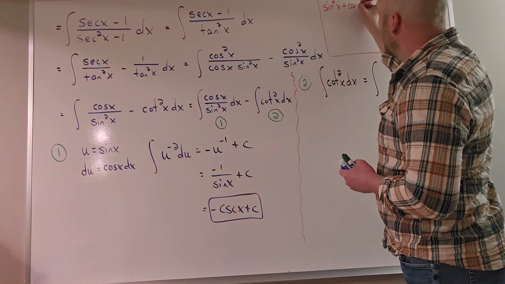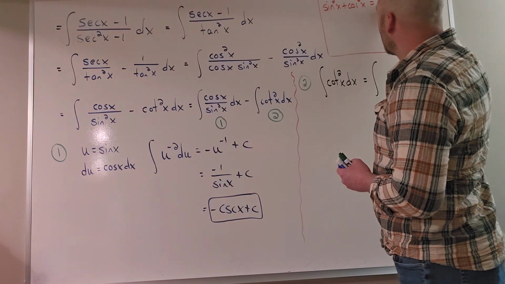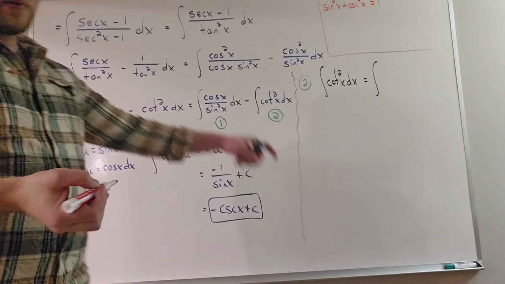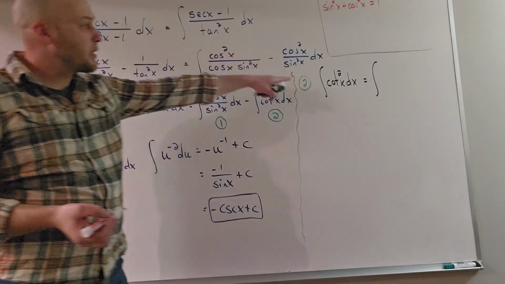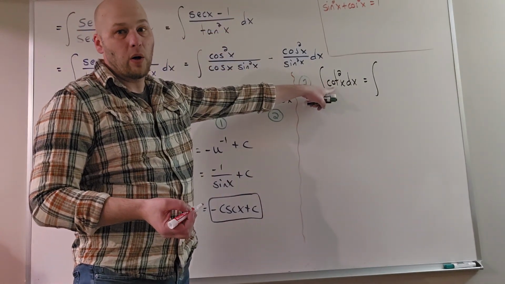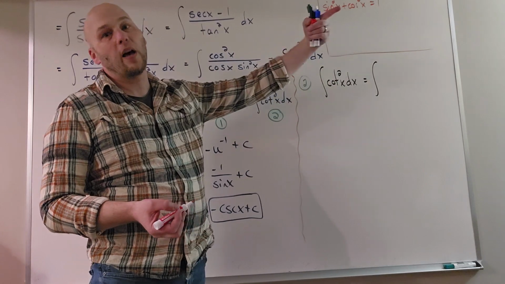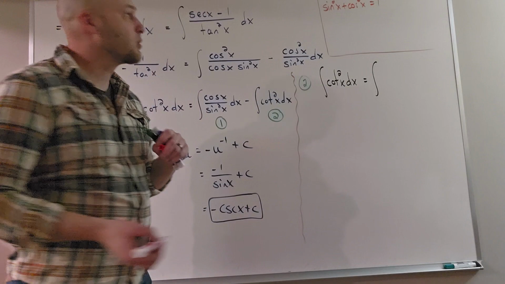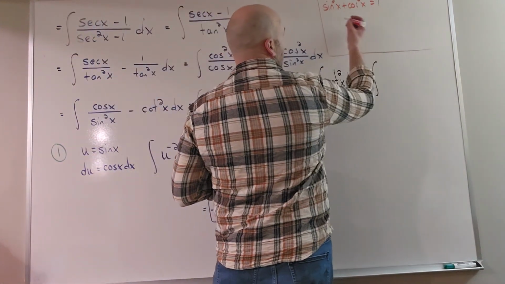And this is how you can determine any of the Pythagorean identities that you need: start with sine squared plus cosine squared is 1. Knowing that I need a cotangent squared, remember cotangent is cosine over sine. That means I'm going to divide by sine squared. So divide both sides by sine squared.